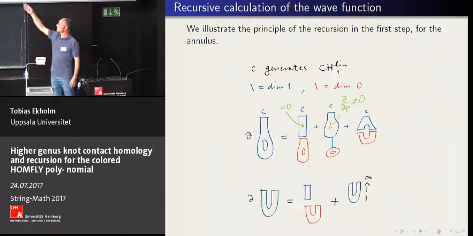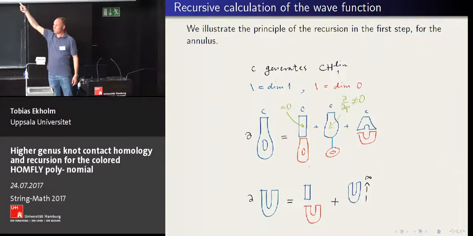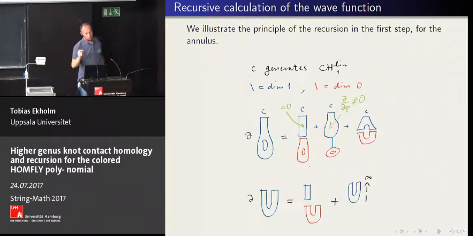Again, the curves at infinity we can see from pictures, and so we find that this red one is equal to the blue one at infinity divided by the strips where we take it to be 1. So then we have all the terms in this equation, so we can solve for the annulus amplitude.